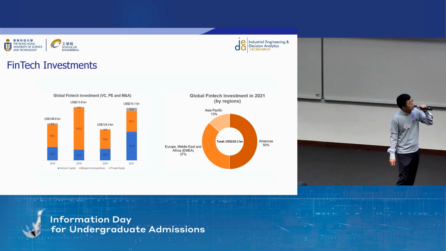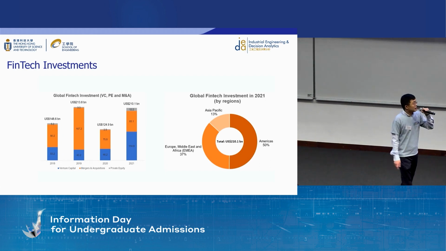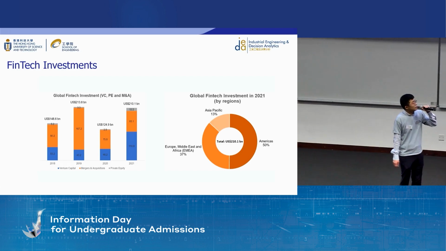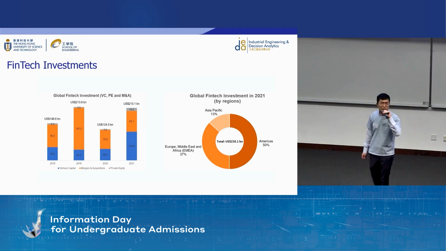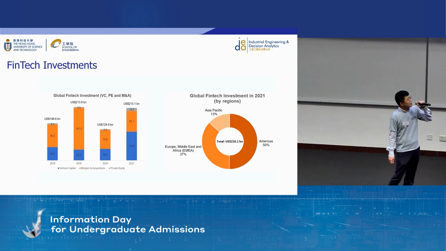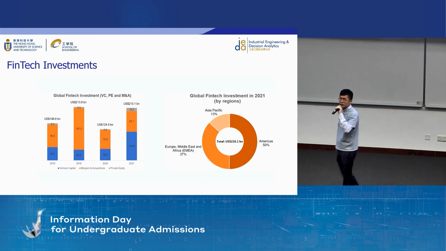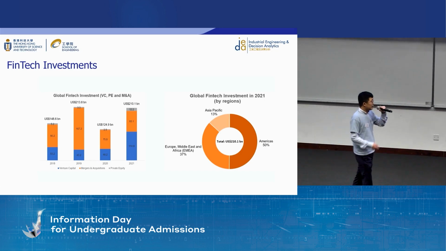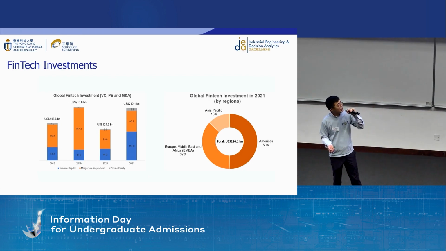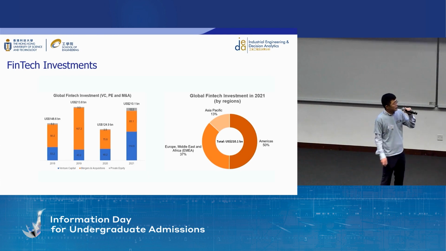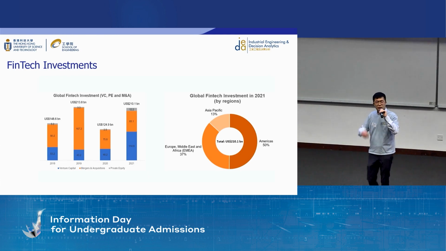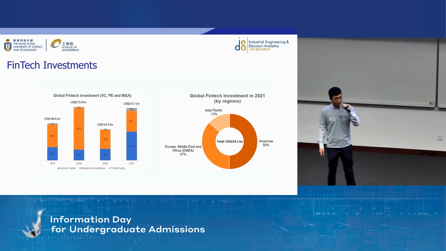On the right-hand plot, you can see that this investment concentrates more on the American side, with 50% from the Americas, 37% from Europe, Middle East and Africa, and only 13% from the Asia Pacific market. So there is a blooming interest in fintech investment, and Asia has a bright future in expanding its research, development, and understanding of fintech technologies.